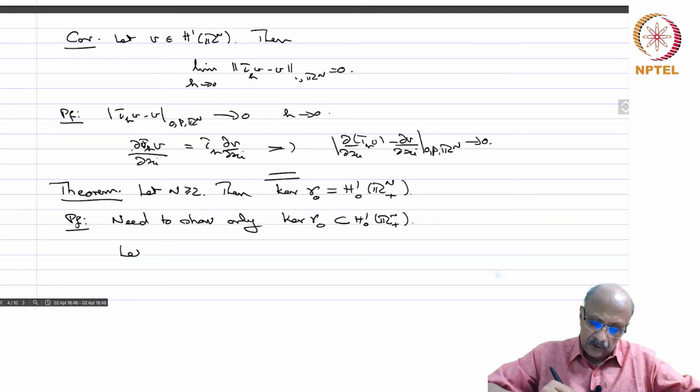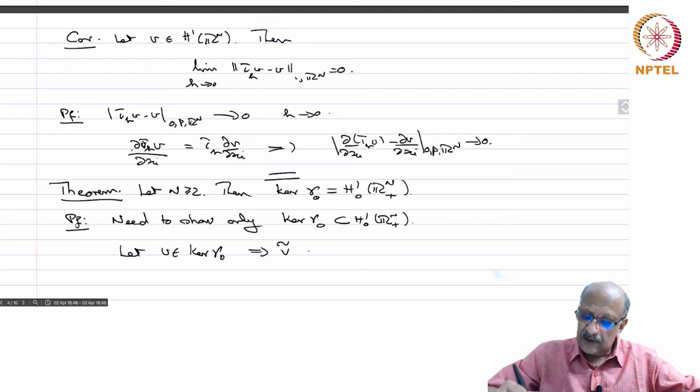So let V belong to the kernel of gamma naught. Then V tilde, the extension by 0, belongs to H1 of Rn, as we have already seen.